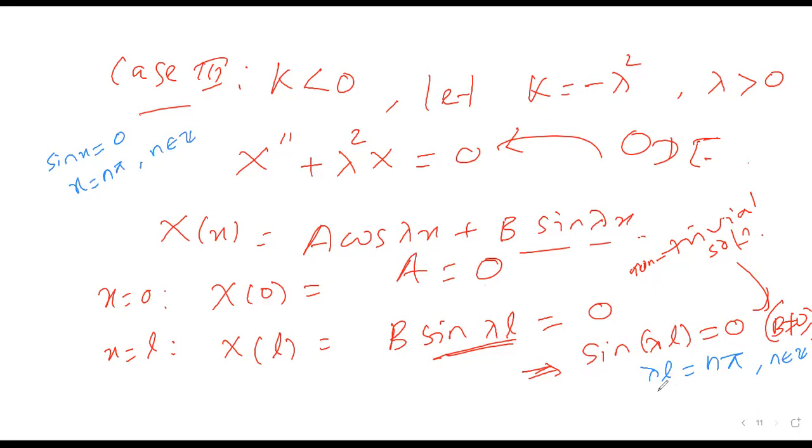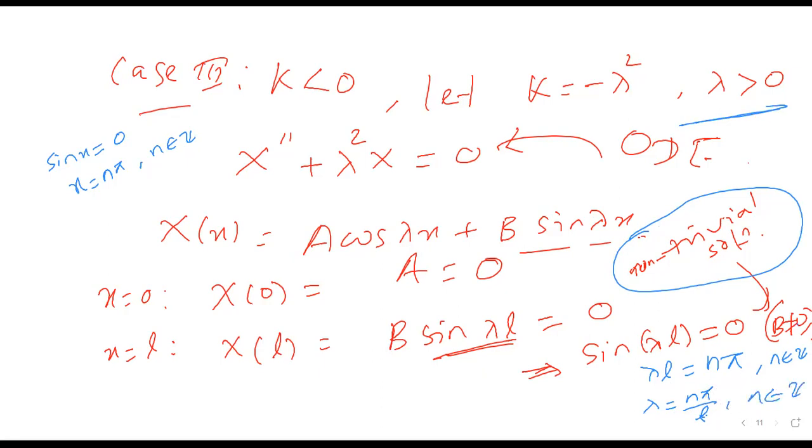So I can say my lambda is equal to n pi over L. For this case only, I have a non-trivial solution, where a is equal to 0 but b is not equal to 0, with lambda equal to n pi over L. So I have found my possible lambda. Possible lambda can be any n pi over L. Here n is an integer, maybe 1, 2, 3, 4, pi is our 180 degrees, and L will be the length of our rod.